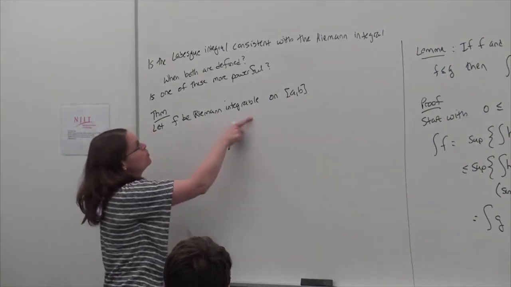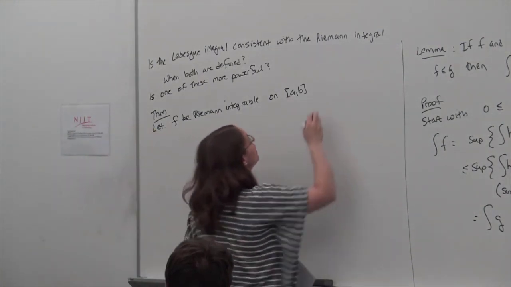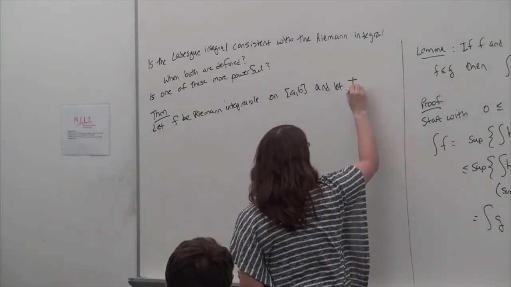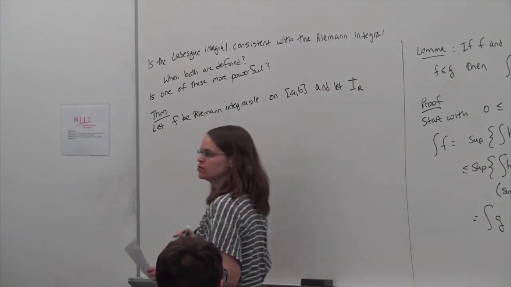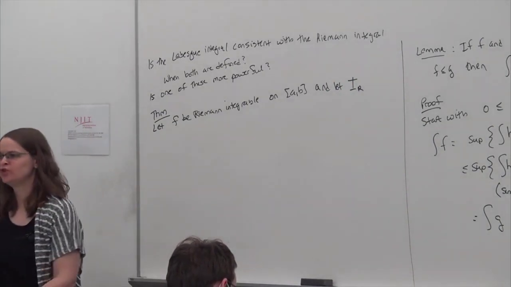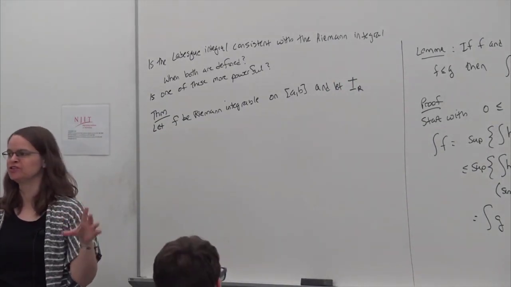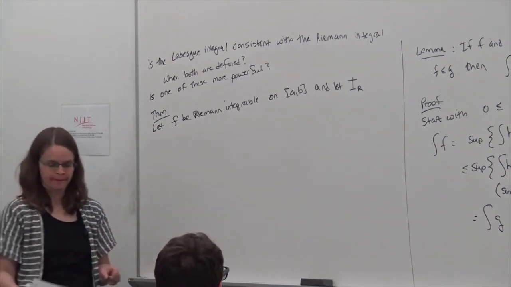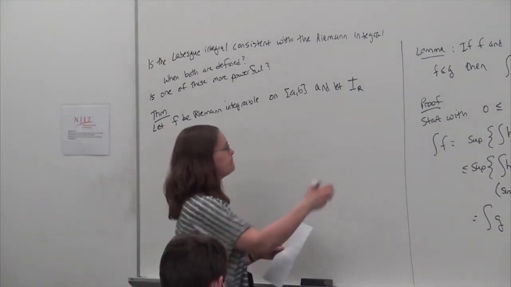All right, so we have a Riemann integrable function, and I'm going to let I sub r denote the value of the integral. I have two working definitions of the integral right now. I don't know yet if they're equivalent, so I need different notation for them. So I'm going to call this I sub r.